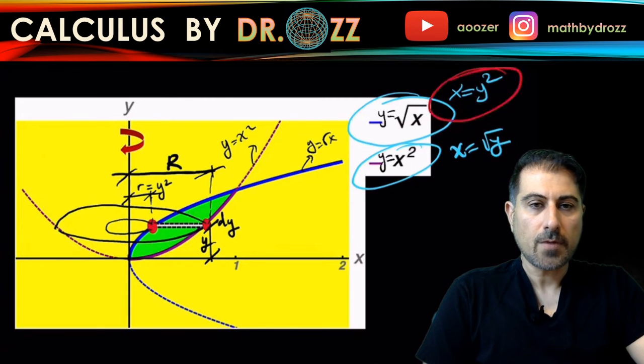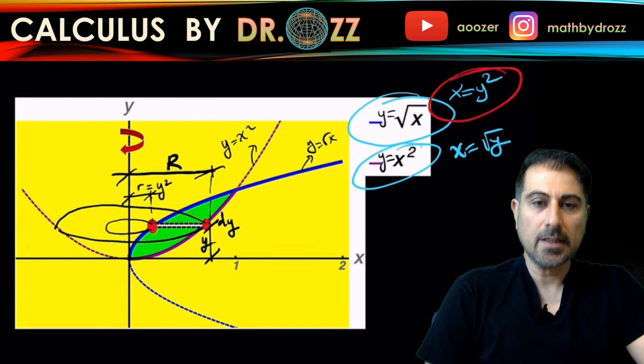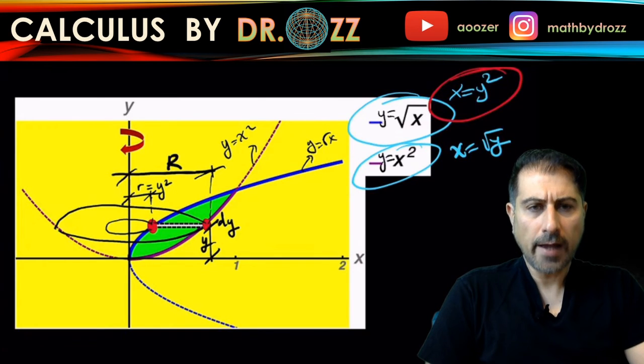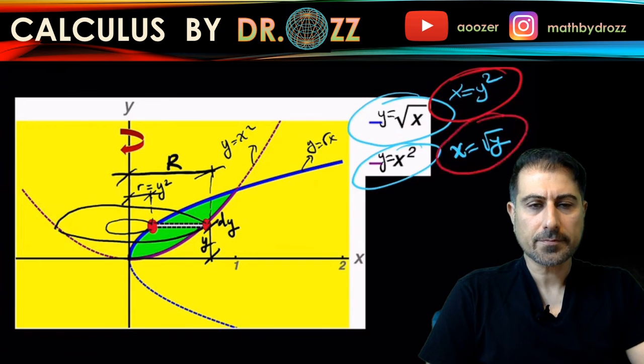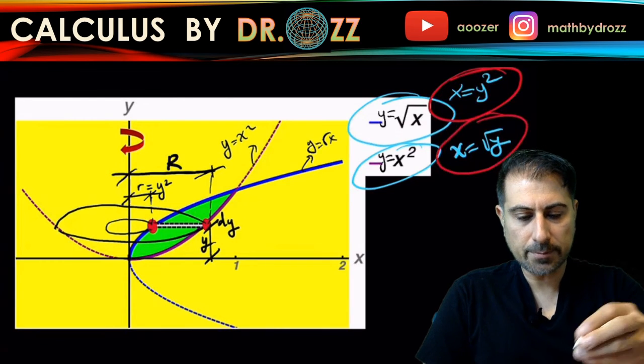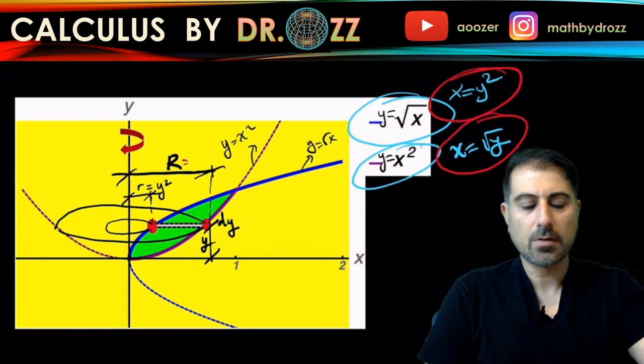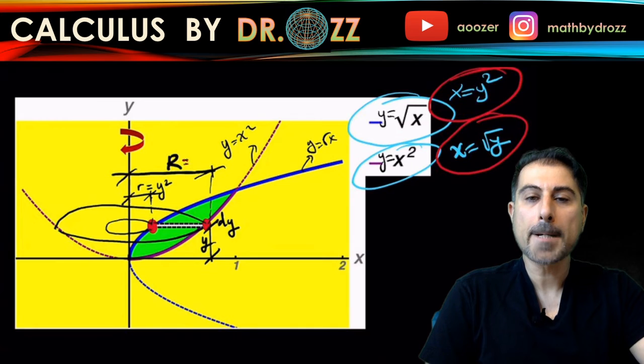And the red marked point, which is the very right end of the slice, is determined by the purple curve. The purple curve is right here, x equals radical y. So then capital R is going to be equal to radical y.